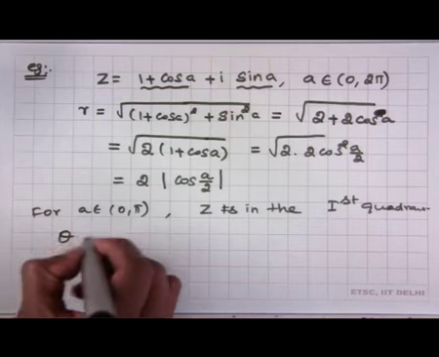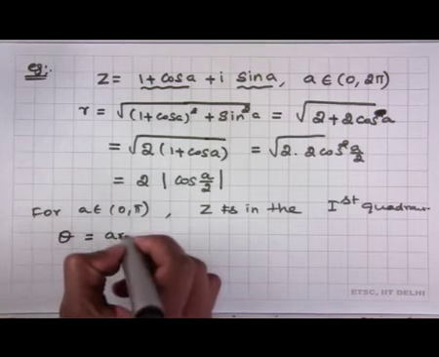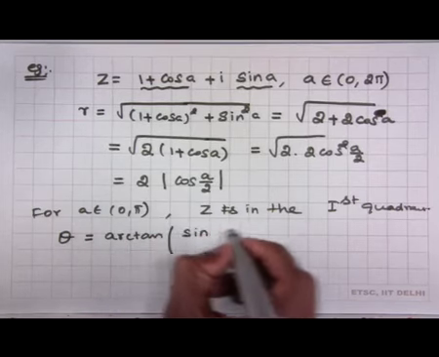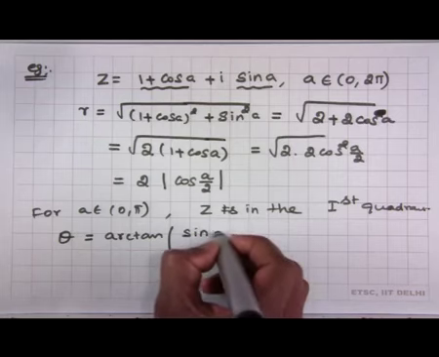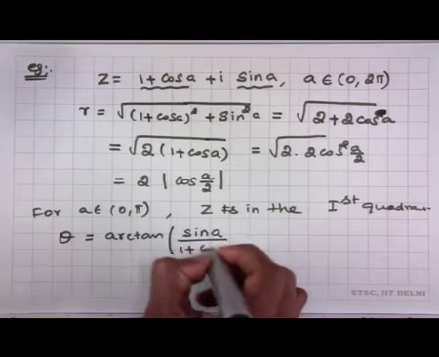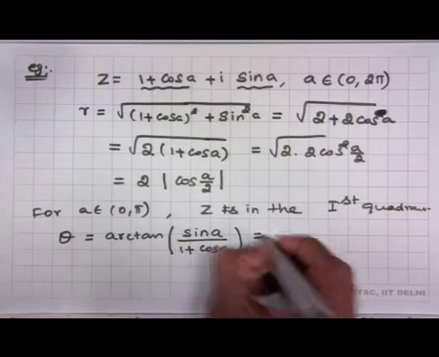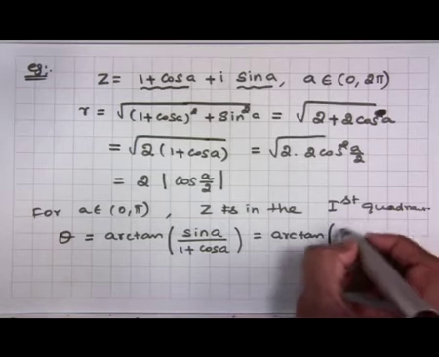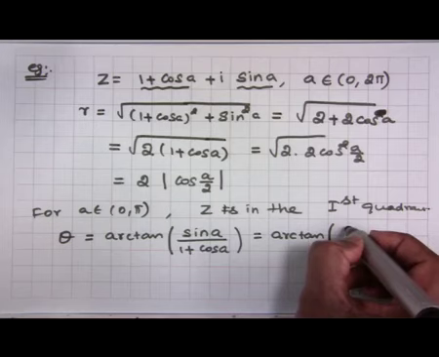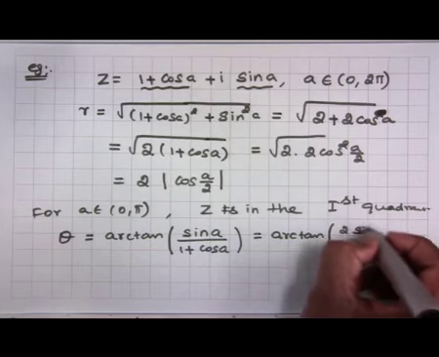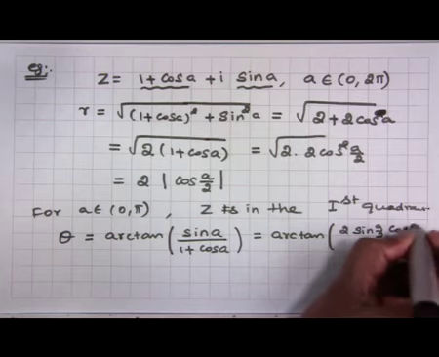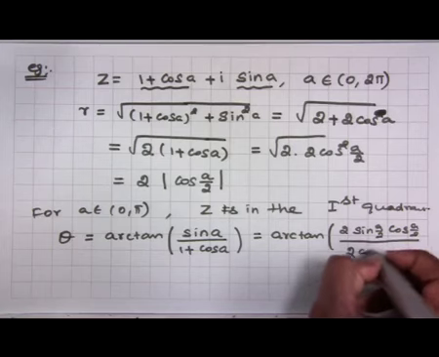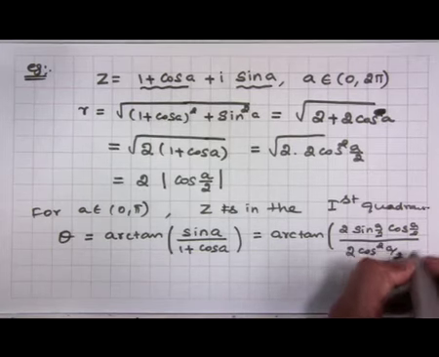Let us calculate the arc tan of y by x, sin A by 1 plus cos A, which is 2 times sin A by 2 cos A by 2 by 2 times cos square A by 2.